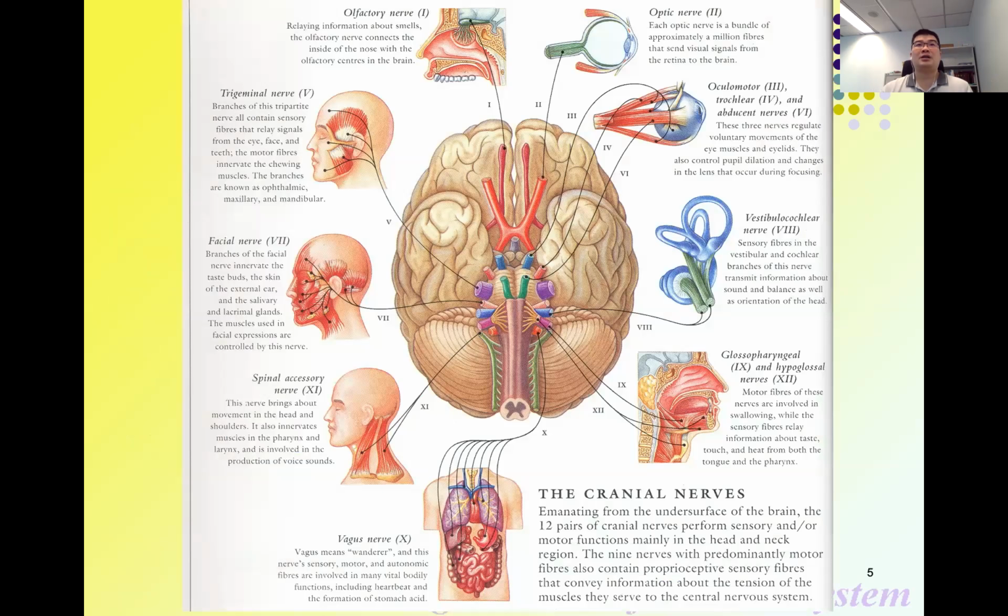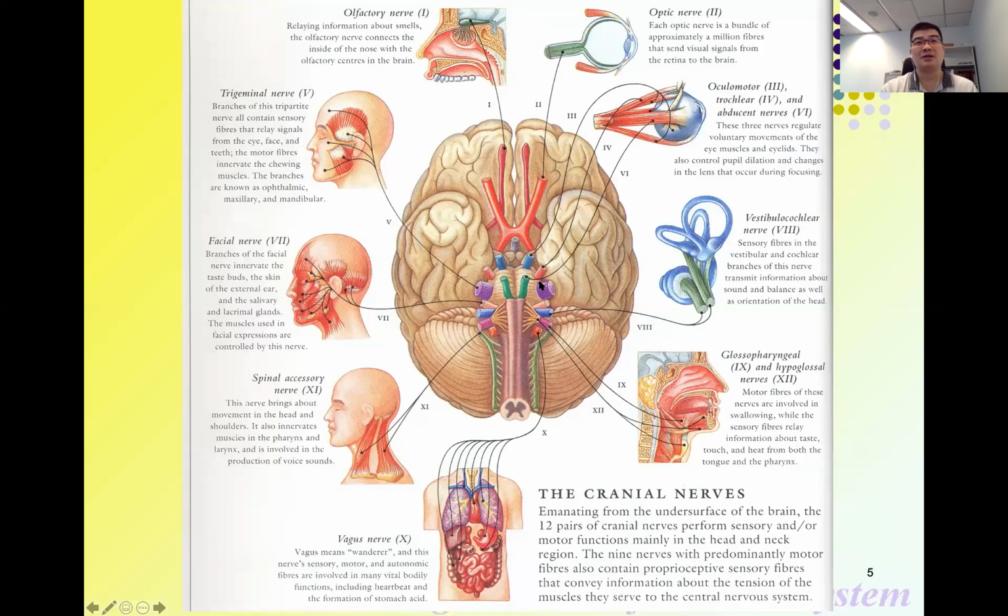So here you go. You have different nerves coming out. For example, oculomotor, vestibular, cochlear. Those are the nerves coming from the brainstem. This is the brainstem part, and then this is the spinal cord.